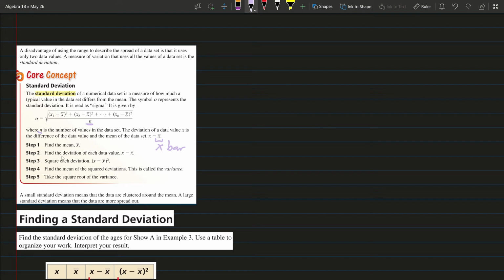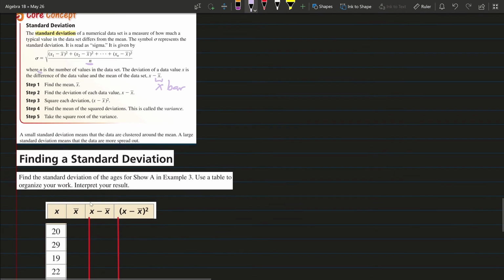Step 2 is to find the deviation of each data value, and this deviation is found by x minus x bar. If you're confused, this x is the value that you originally have. If we take an example like this one, it would be 20. So if you have 20, you would use this 20 for this part right here, replacing this x.